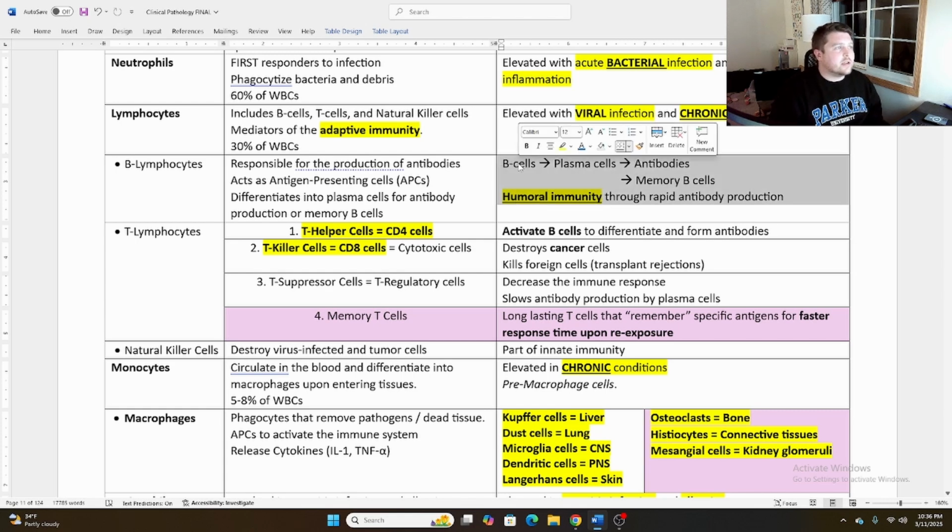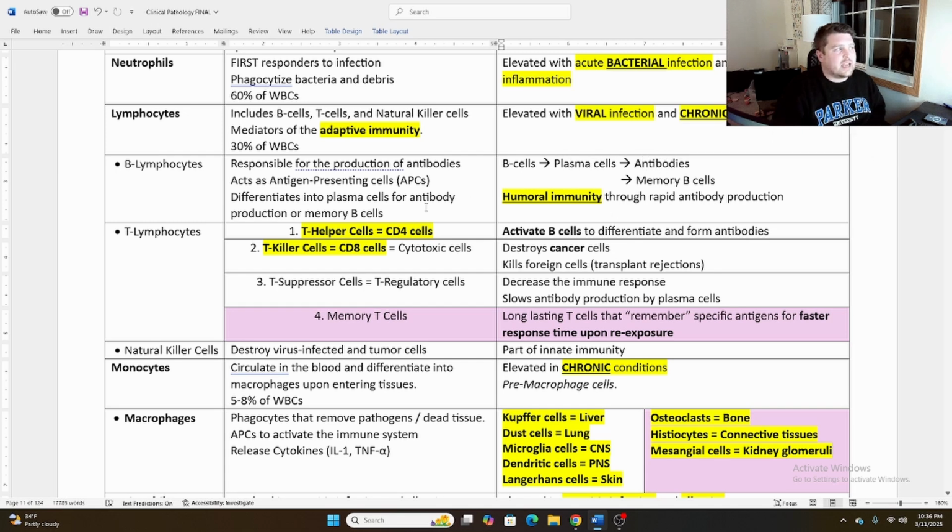The B cells differentiate. So when we have some type of issue, some type of viral infection, chronic inflammation, or anything else like that going on, and they get stimulated, they differentiate into plasma cells. Those plasma cells then create the antibodies.